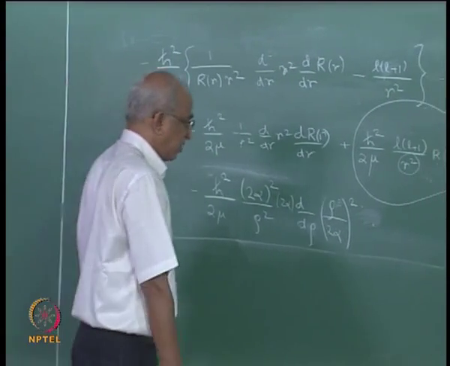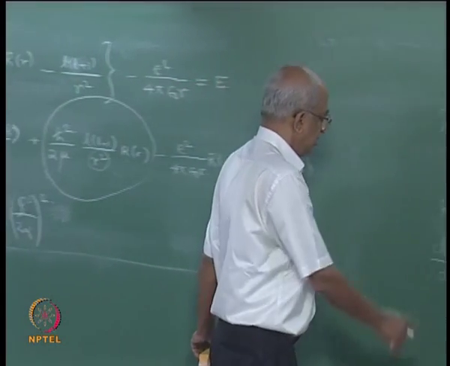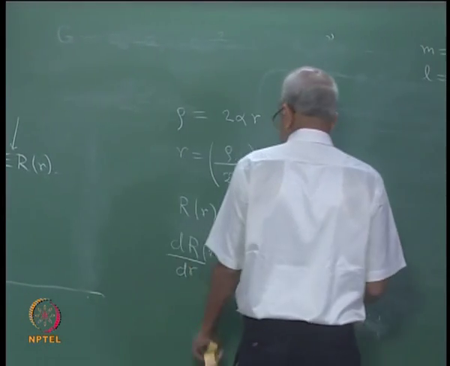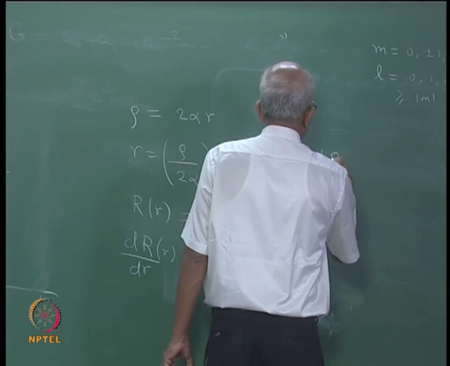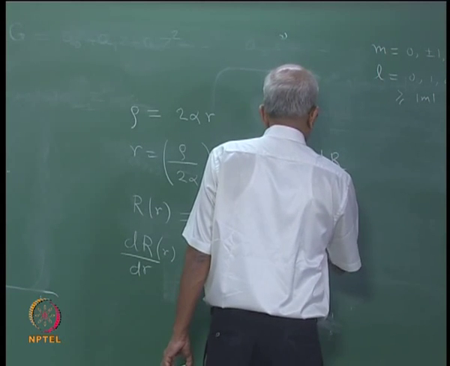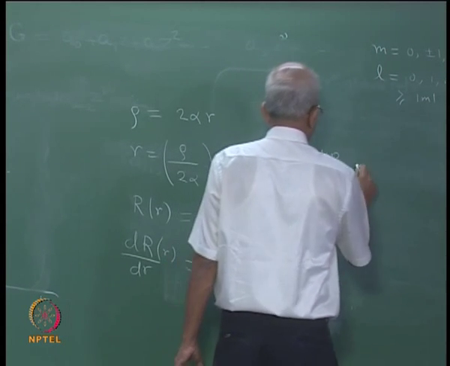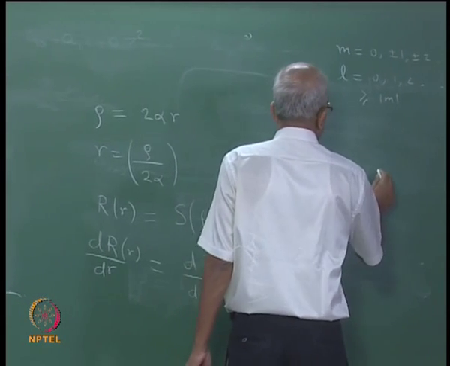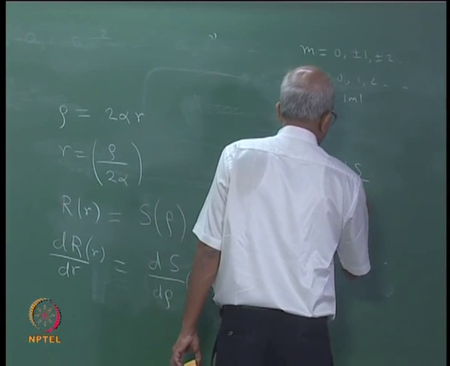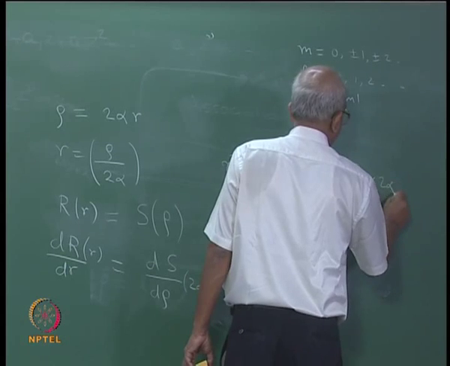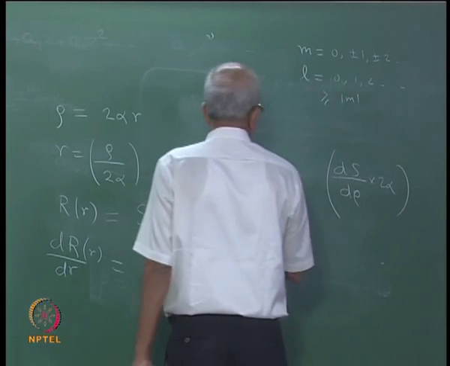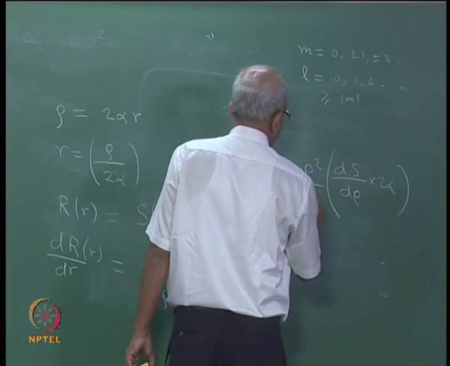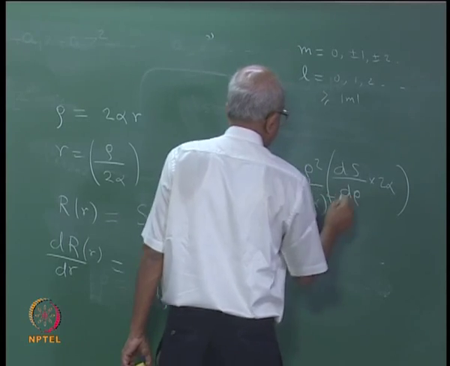Maybe I will work it out, that may be better. So, this is what it is. Then d capital R by dr multiplied by r square is equal to dS by d rho into 2 alpha. r square will be rho square by 2 alpha the whole square.